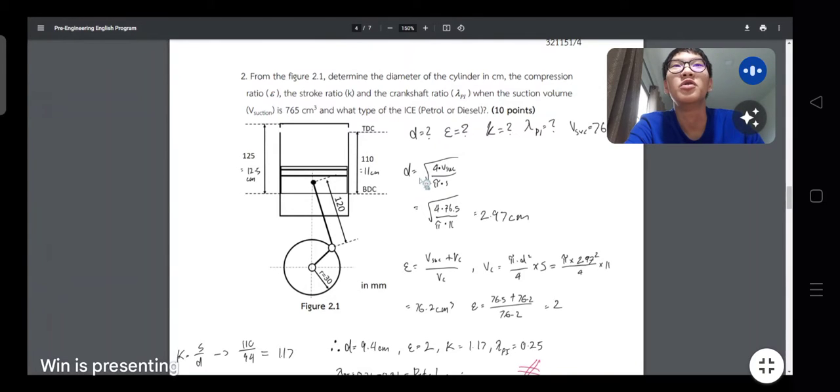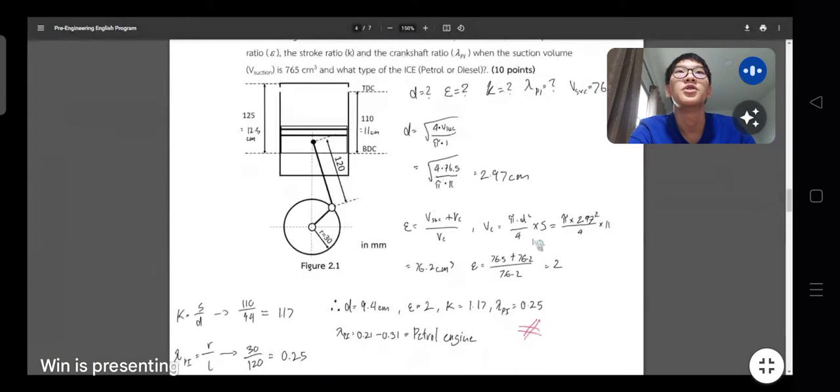D is equal to root 4 times V suction divided by pi times S. S is 110, but we can't use it in millimeters, so change that to centimeters, which will be equal to 11 centimeters. Put the numbers where they belong and you'll get 2.97 centimeters.